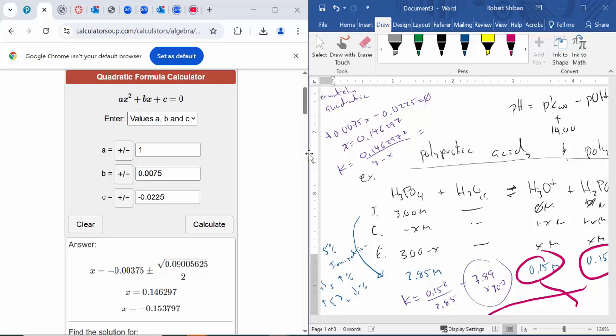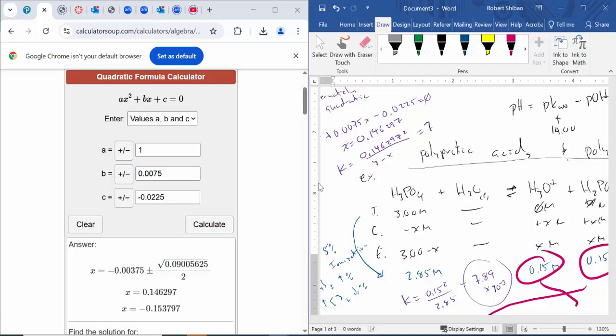So 0.146297 squared divided by 3 minus 0.146297. Okay, now this is looking good.